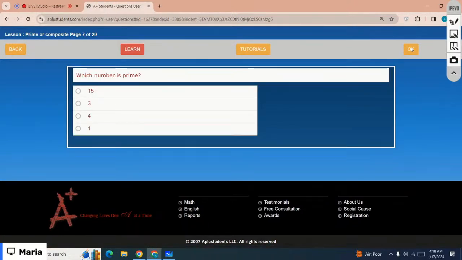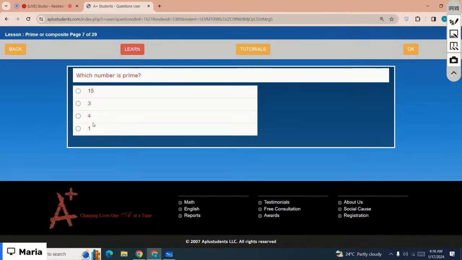Which number is prime? 15, 3, 4, or 1? Which is the correct option? No, 19 cannot be divided by 2. 19 is not an even number.